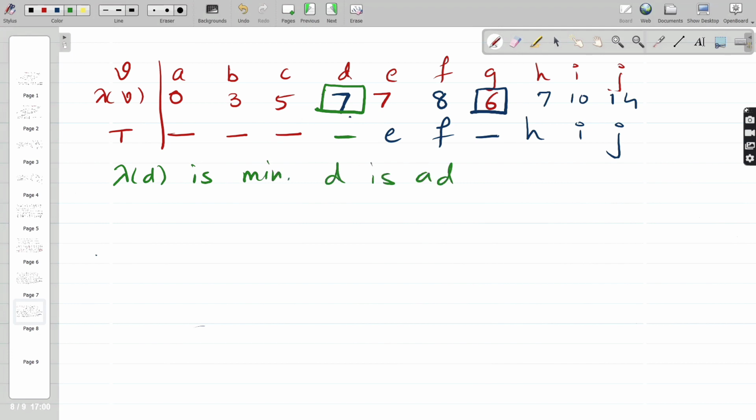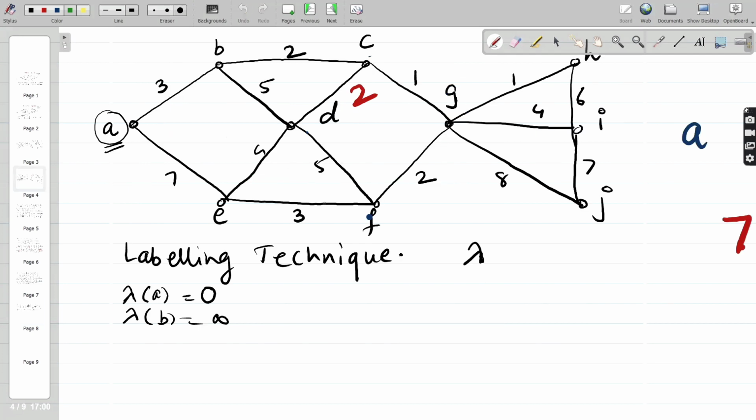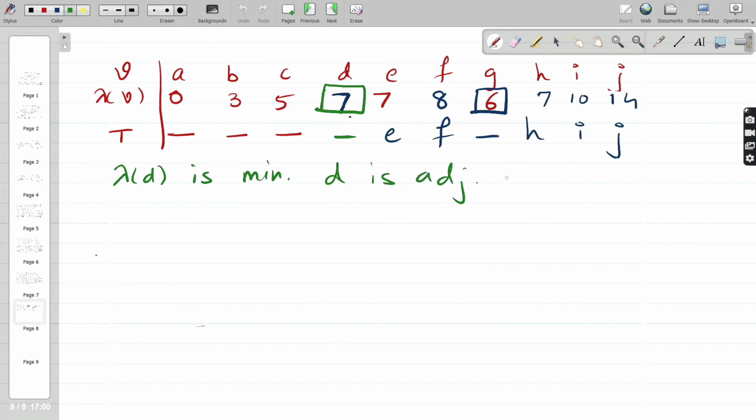D is adjacent with which vertices among E, F, H, I, J? D is adjacent with E and F. We will see whether we can include vertex D in the path from A to E and A to F. That is what we want to see.